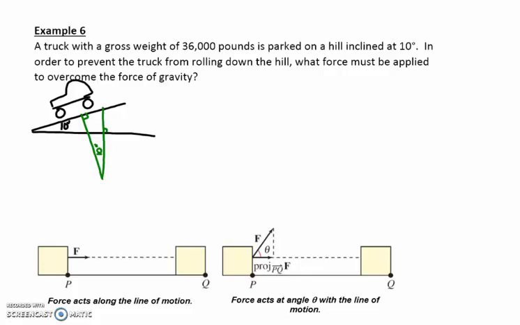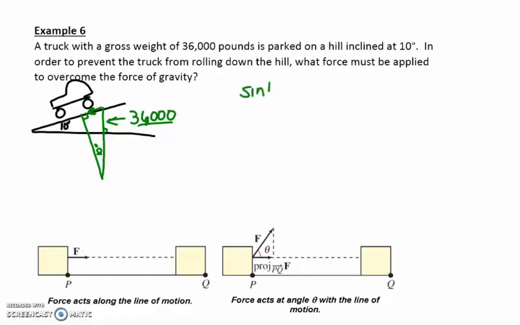So the force needed to prevent the truck from going down the hill is this little piece right here. This is that 36,000 pounds of weight that is pulling straight down. Well, this is my hypotenuse, this 36,000, and I'm looking for the opposite side from the 10 degrees.